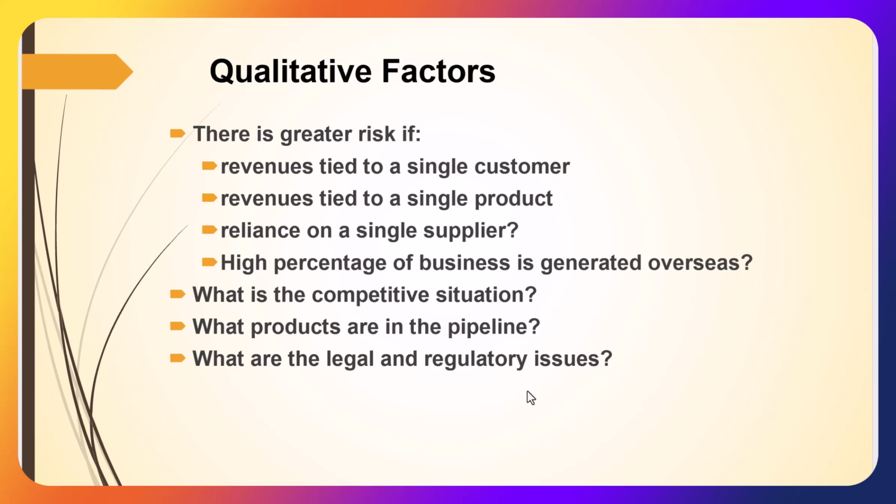These things affect the quality of our analysis. So beyond the numbers, qualitative factors like dependence on a single supplier are crucial. A pharmaceutical company with a high percentage of sales from one blockbuster drug faces significant risk if a competitor launches a better alternative.